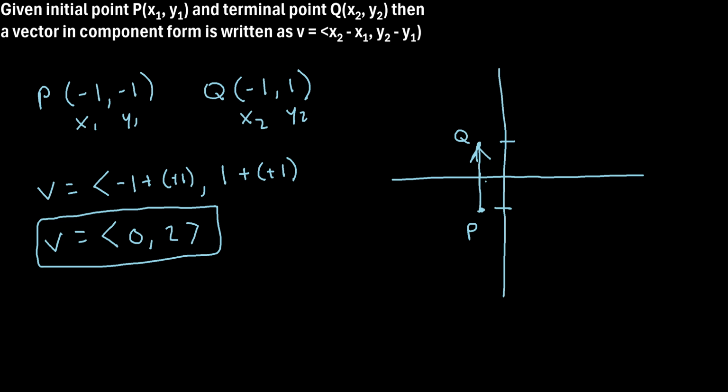So we're just saying if we imagine that we move this vector to the origin, it would have a new terminal point of 0, 2. So this is what that vector would look like. Exact same vector, we just shifted it to the origin. So those were 3 examples of how to write a vector given an initial point and a terminal point in component form.